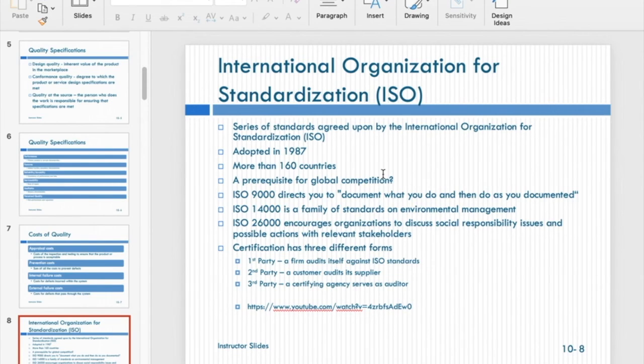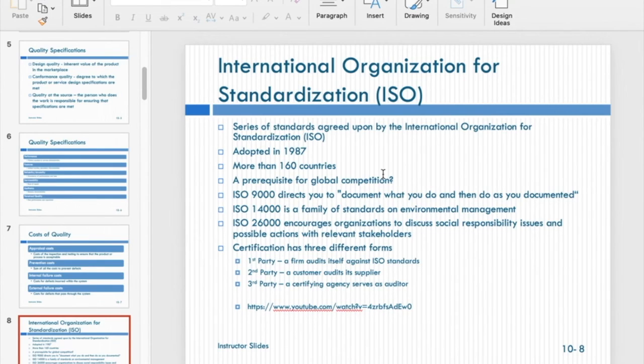The third standard basically encourages the inclusion of environmental aspects in product design, and encourages the development of profitable, environment-friendly products and services. But in general, ISO 14000 is a set of standards on environmental management. So this is about ISO 14000.